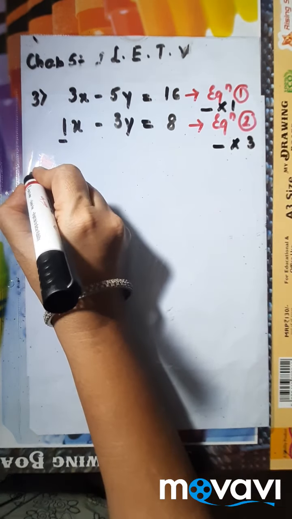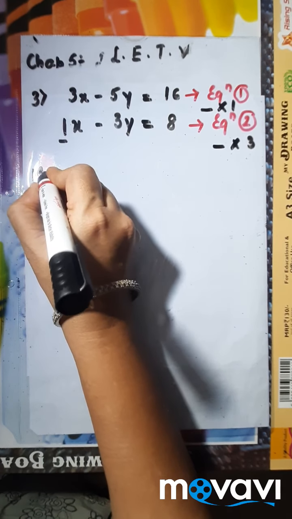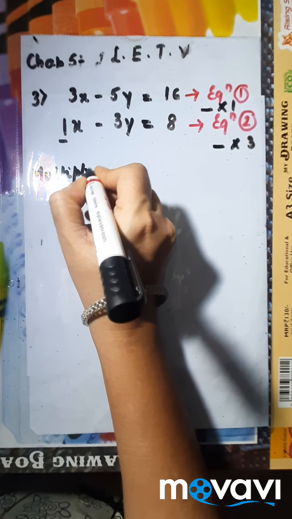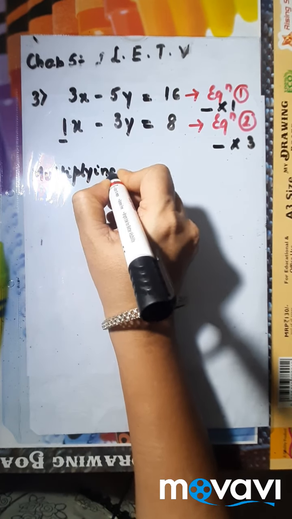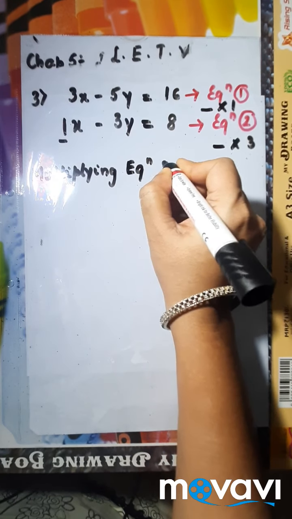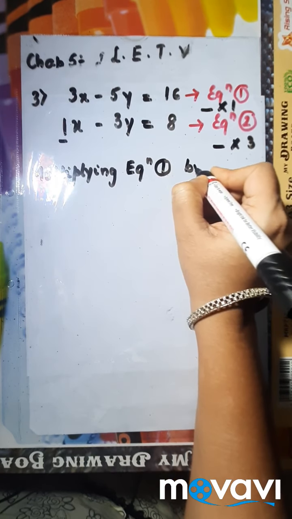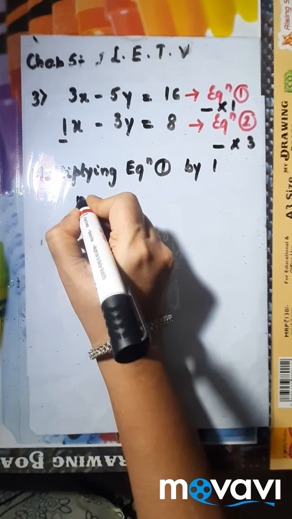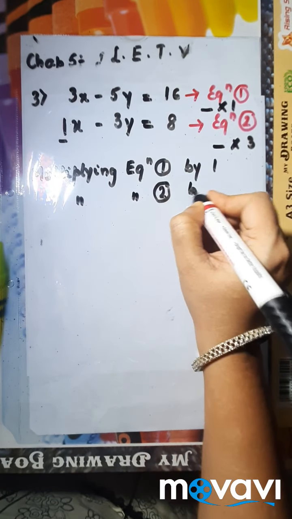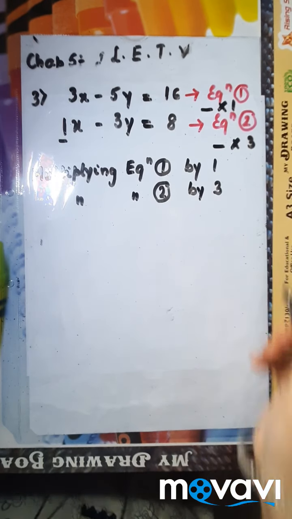Please write this step: multiplying equation 1 by 1, multiplying equation 2 by 3.